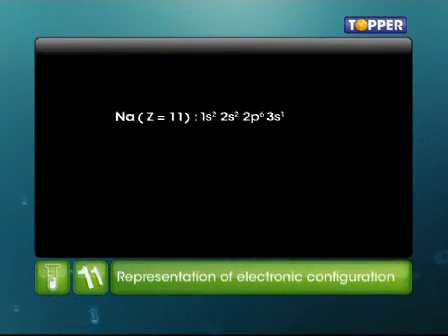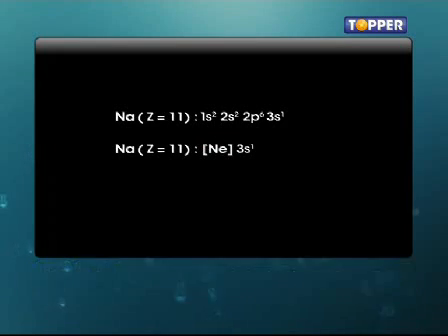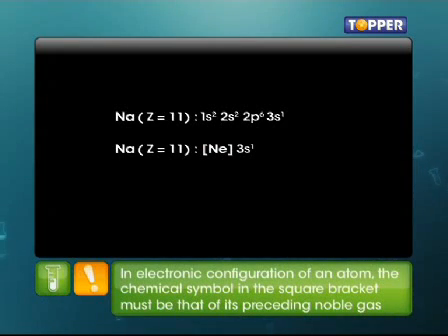Take a look at the electronic configuration for sodium. 1s2, 2s2, 2p6, 3s1. Sounds a bit intimidating, doesn't it? Fortunately, there is a shorter way to represent it. You can replace the first three configurations with the chemical symbol of the noble gas they denote, which in this case is neon.